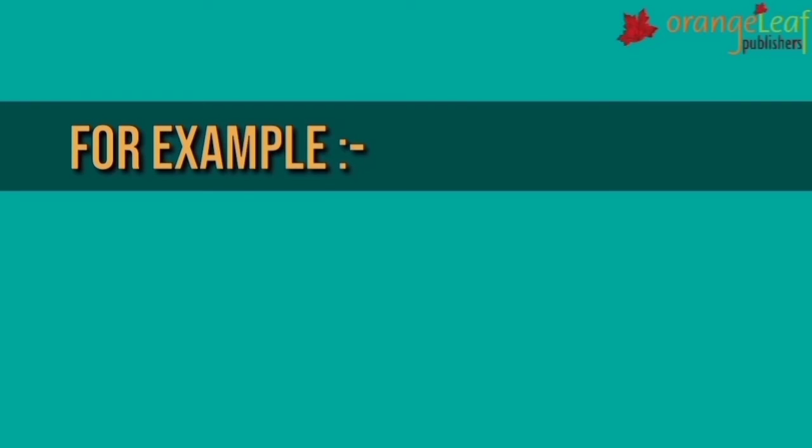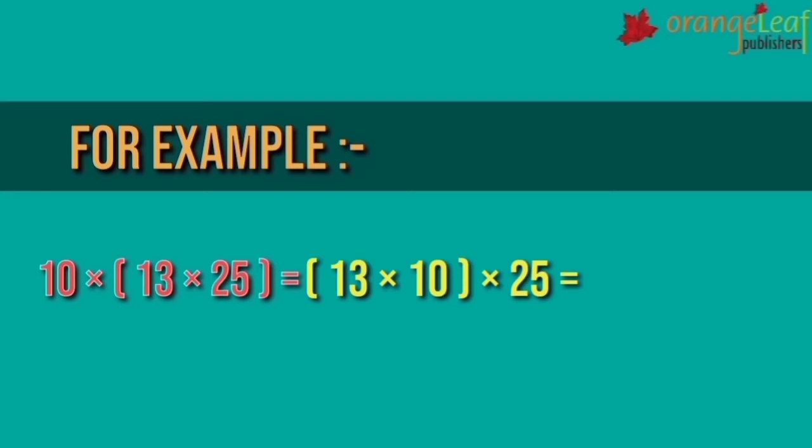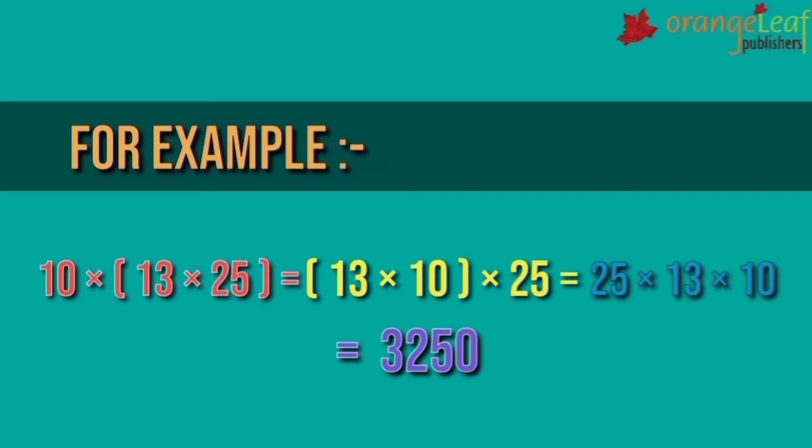The product of three numbers does not change if the order of the numbers changes. For example, 10 into 13 into 25 is equal to 13 into 10 into 25 is also equal to 25 into 13 into 10, that is equal to 3,250.